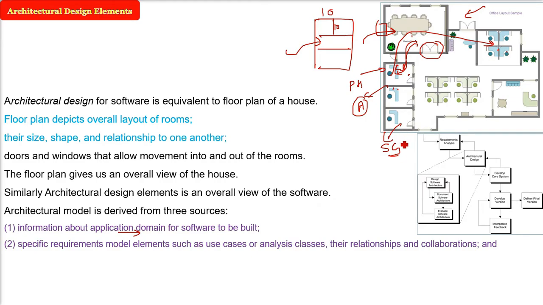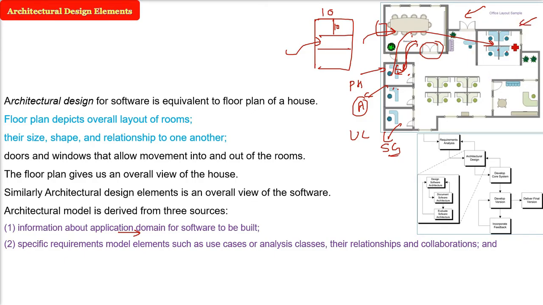Then specific requirement models like use cases and the analysis classes. How are you going to use this floor plan? Are you going to use it as your house, as your, say, gym? What are the relationships, what are the collaborations between different rooms, different parts or areas of that layout?